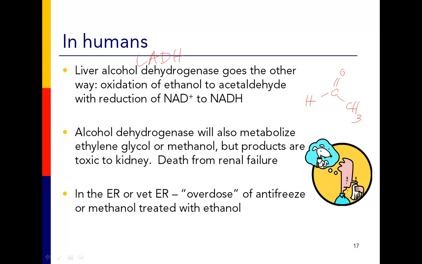Yes? Okay, so sometimes individuals of Asian descent have issues with not enough alcohol dehydrogenase. Could be. So I had an Indonesian grad student who could drink like a fish.